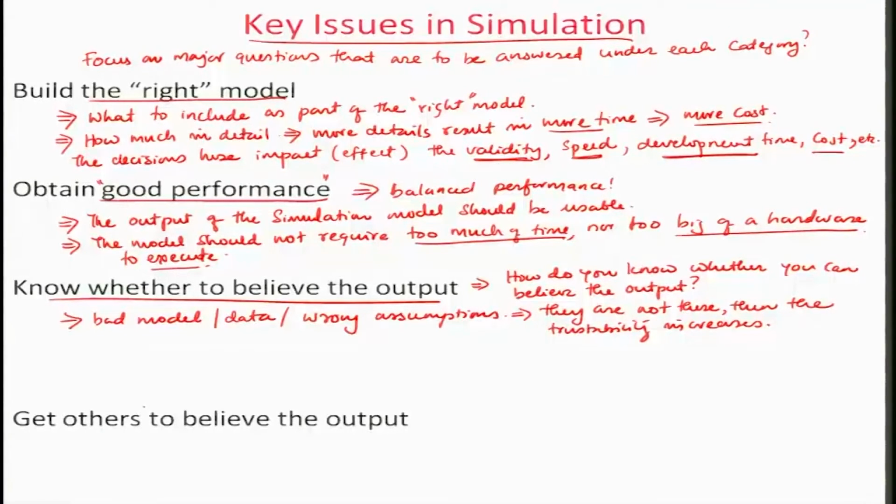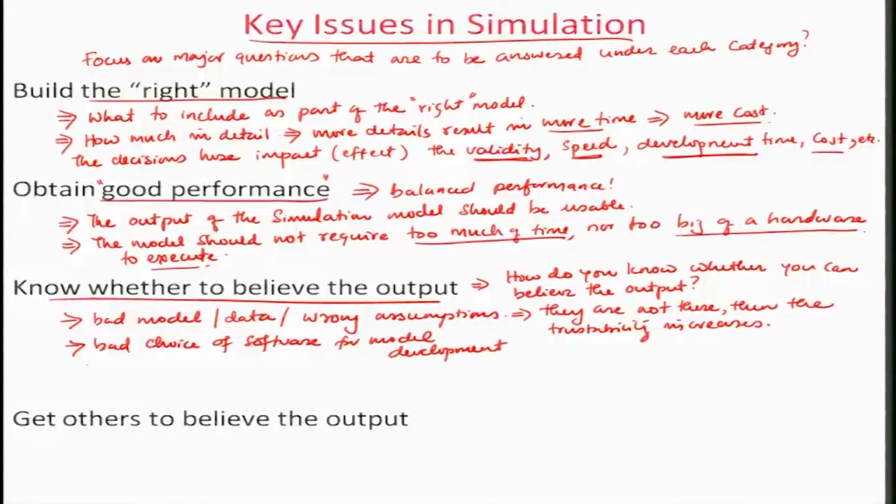Then bad choice of software for model development. So, if you make the right choice of software for model development, then it will also help you in increasing the trustability of the model.